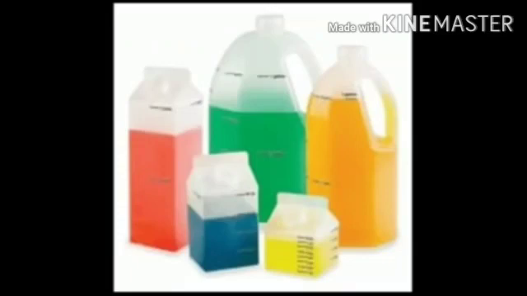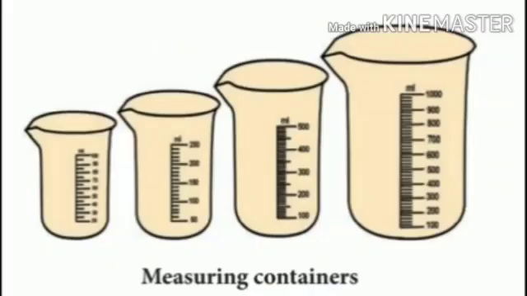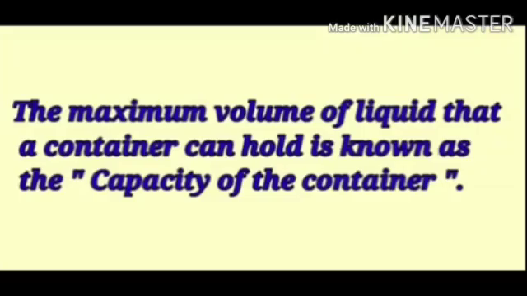The volume of any liquid is equal to the space that it fills and it can be measured using a measuring cylinder or measuring beaker. That is, the maximum volume of liquids that a container can hold is known as the capacity of the container.